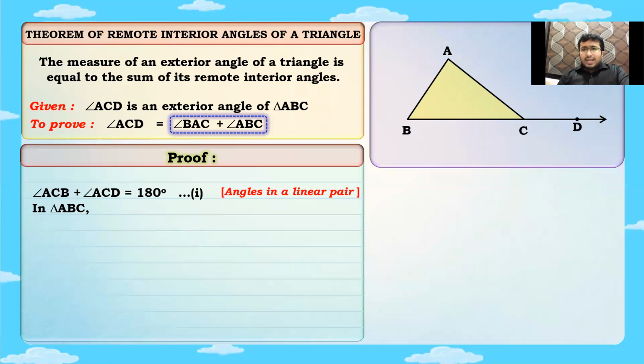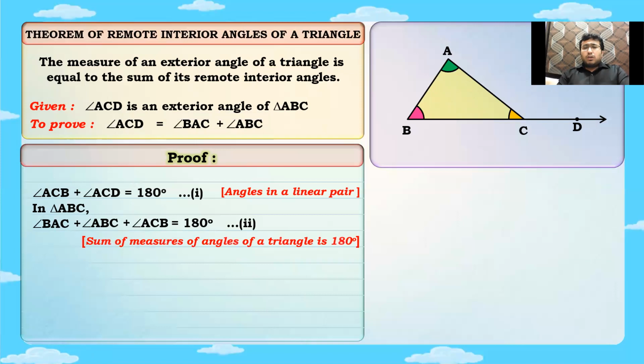In a triangle, there are 3 interior angles, and when you add all the 3 interior angles, their sum is 180 degrees. So students, measure of angle BAC plus angle ABC plus angle ACB is equal to 180 degrees, and the reason for this will be the sum of measures of all angles of a triangle is 180 degrees.